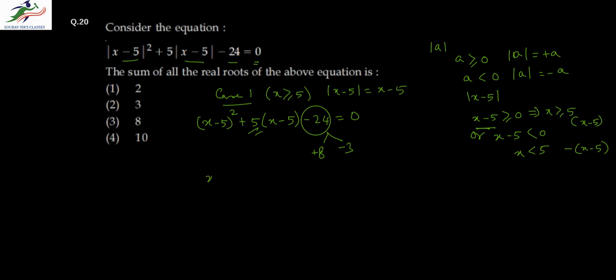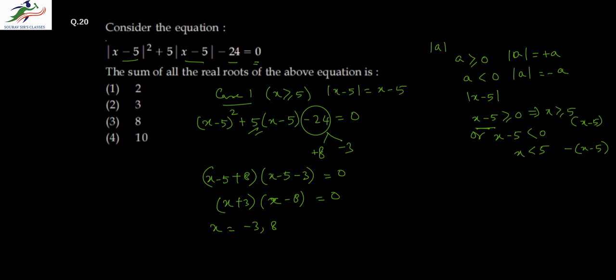So that means x minus 5 plus 8 into x minus 5 minus 3 is equal to 0, and therefore x plus 3 into x minus 8 is equal to 0, from where we get two roots, minus 3 and plus 8.